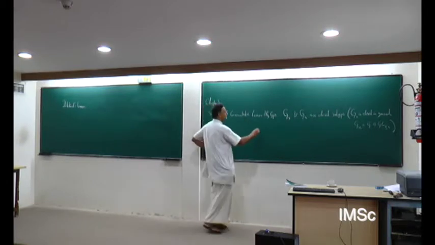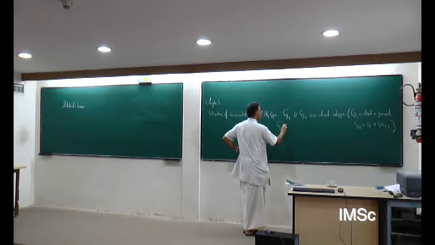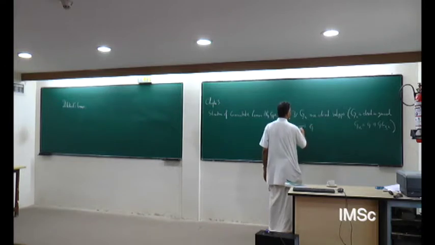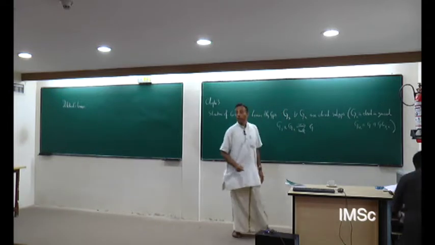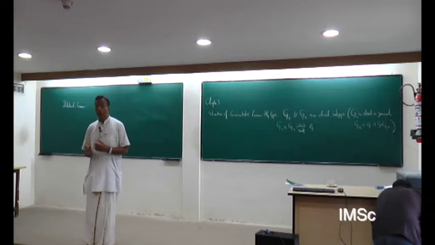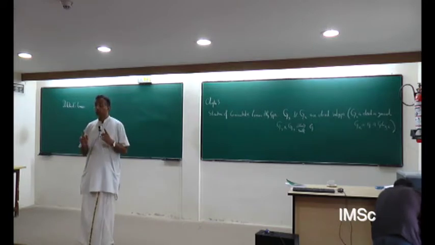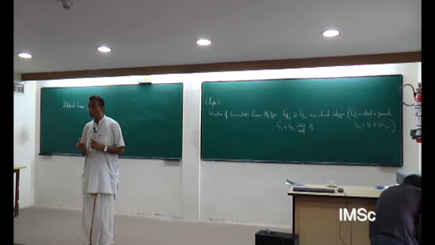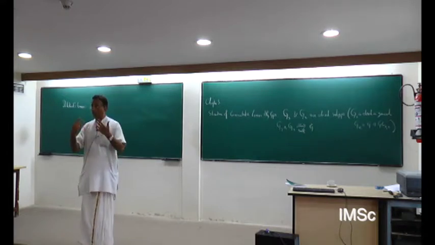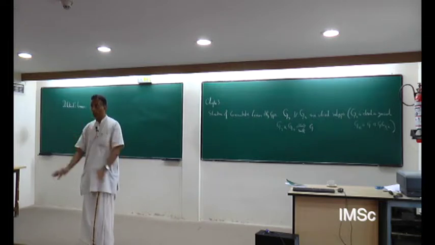We also had GS cross GU to G by the multiplication map. This is an isomorphism of algebraic groups. The non-trivial part of the proof was this: what is clear is that this is a bijection of groups, a homomorphism of groups, and a morphism of varieties.